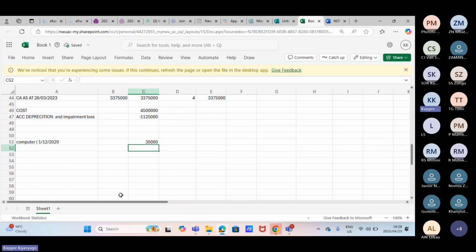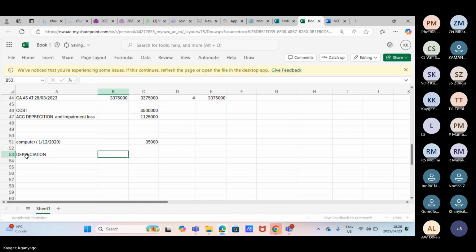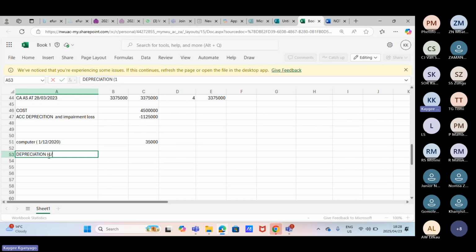So this computer equipment was going to be depreciated from 1 December 2020 until 28 February 2022. Do you agree?